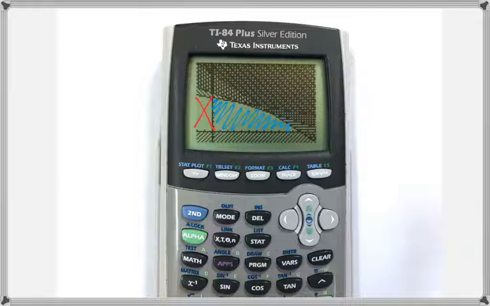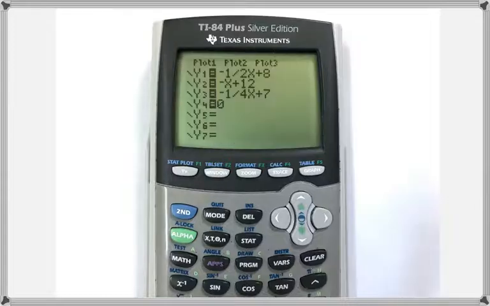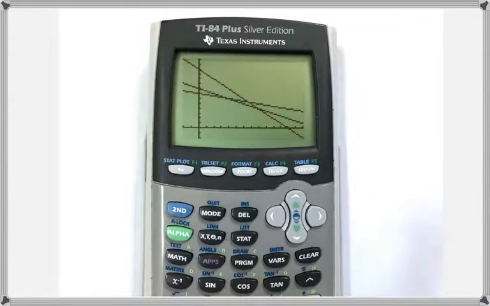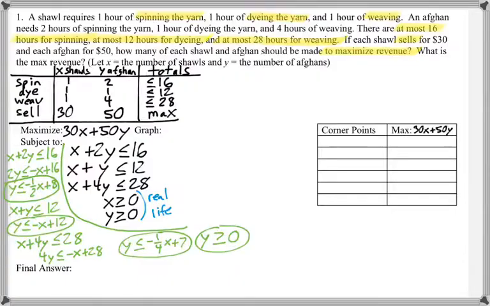Now I do want to calculate the intersection points, and it's going to help to remove the shading while I'm doing that. So if we go to y equals and change these all back to the line symbol and then regraph it, we can find our intersection points. Before we find the intersection points on the calculator, I want to draw the graph on our paper.